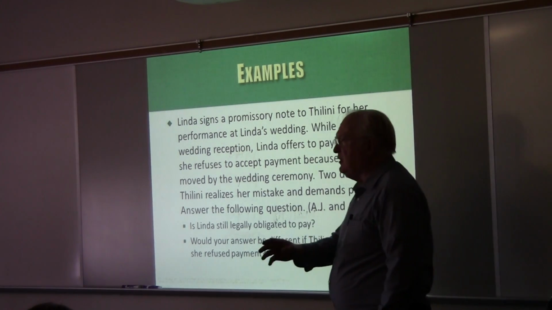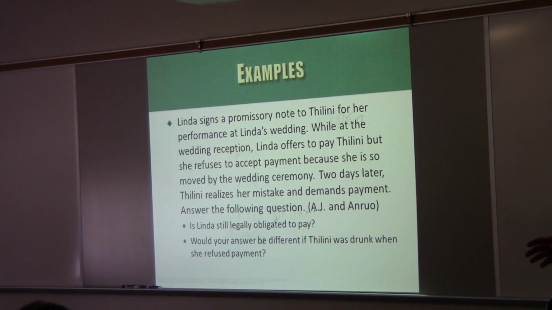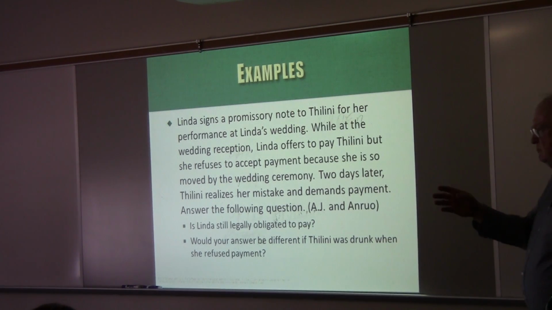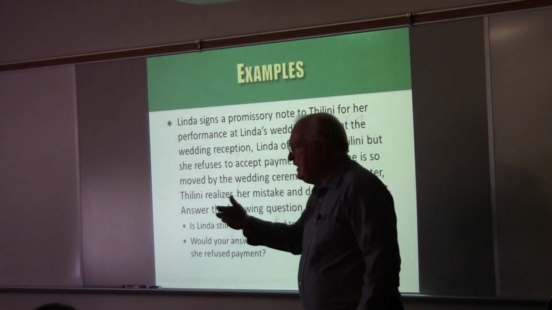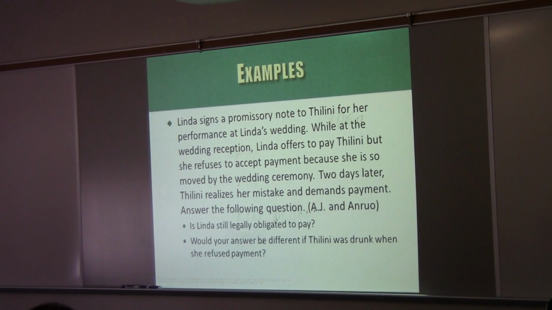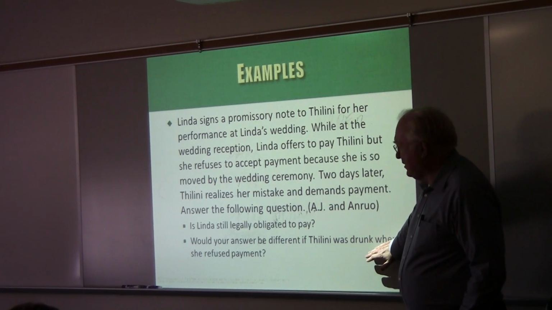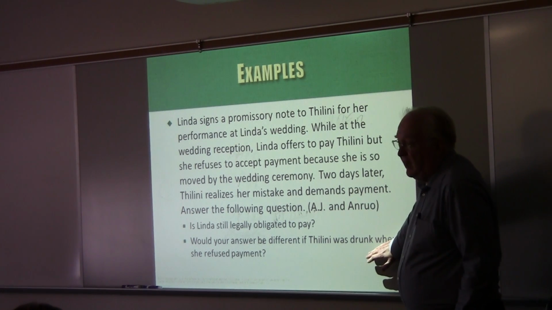And so let's put this in legal terms. Linda has tendered payment, which means she's offered to pay her and Tellini refused. Therefore, you're right, AJ. But AJ, what if she was drunk at the time? Then that hinders her mental capacity. Then the tender is not effective because Tellini had no knowledge of it.